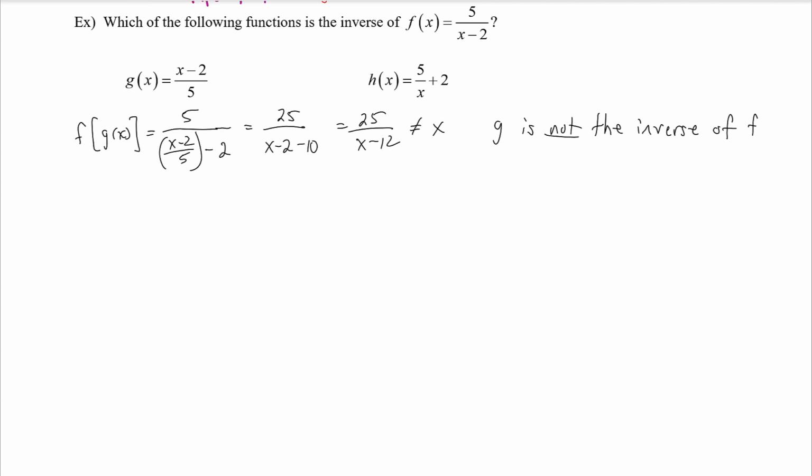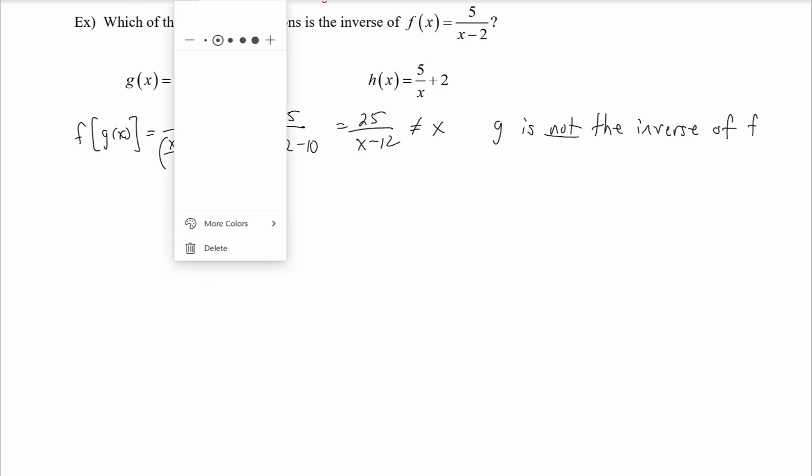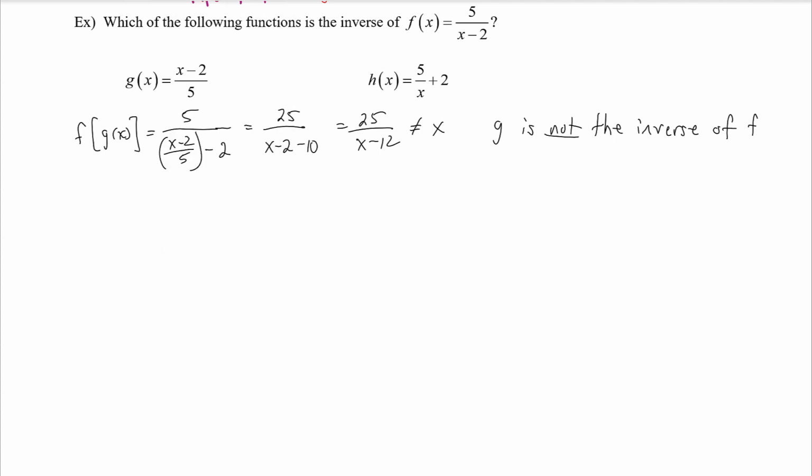Okay, all's not lost. Let's go do h and see what happens there. So if I plug in h to f, let's see what we get. We have 5 over, clean that up, 2 minus 2 is 0. Then I get 5 times x over 5, so I get x.